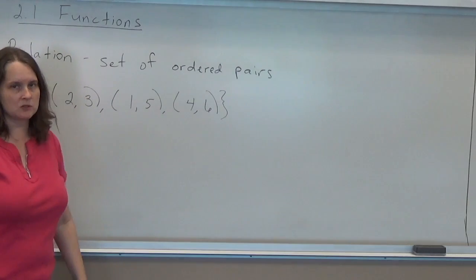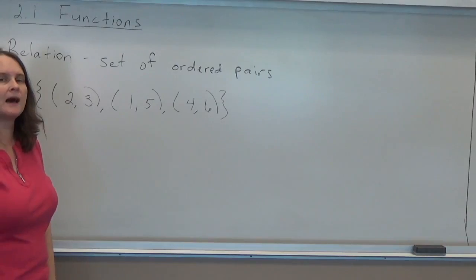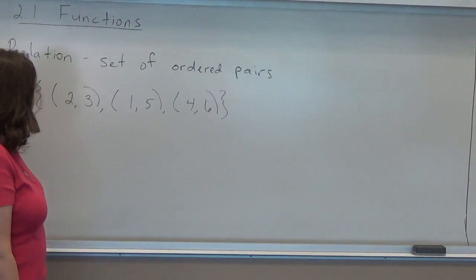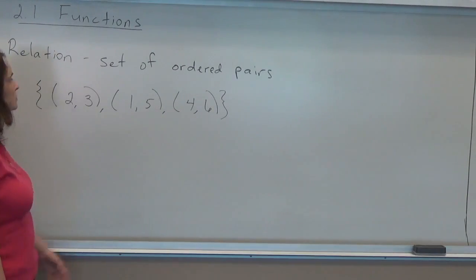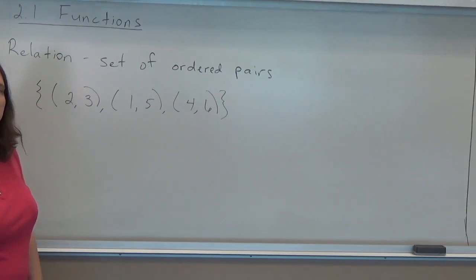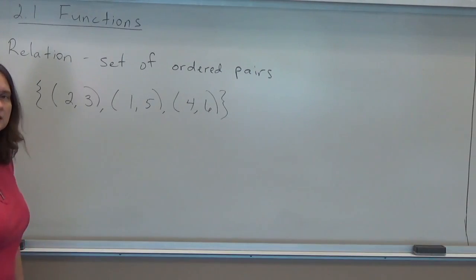A function is a special type of relation. If you have a relation where each x is being matched with exactly one y value, then you have a function. So for example, with this example, would you say that this relation is a function? Does each x get matched with exactly one y value? Yes, it does.